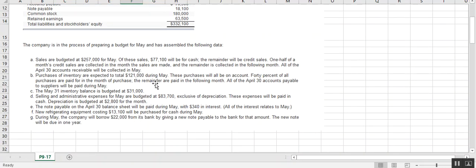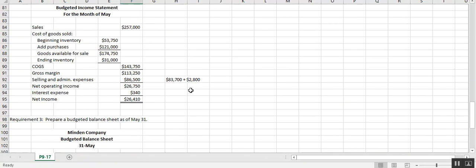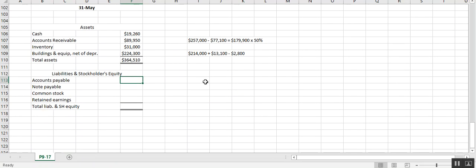So all we have to work with is the $121,000, and 60% of that would be still outstanding because we paid 40% of it off. So let's scroll down here again. And this one is 121,000 times the 60% that's left, still outstanding, which would be $72,600.